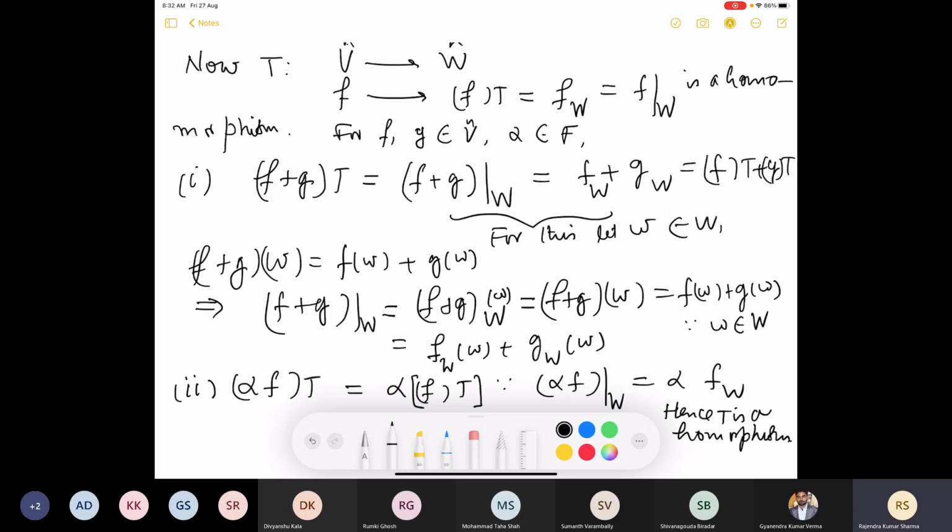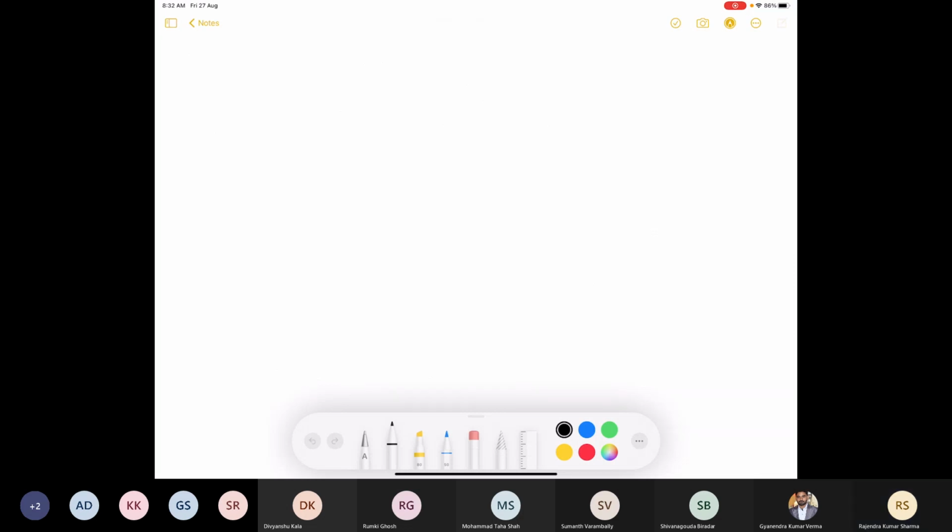Now T is a homomorphism and it is onto also. We can prove that T is onto, that is, T maps V hat onto W hat.